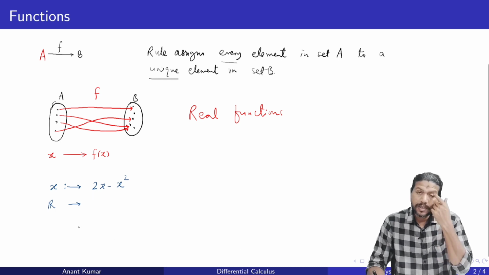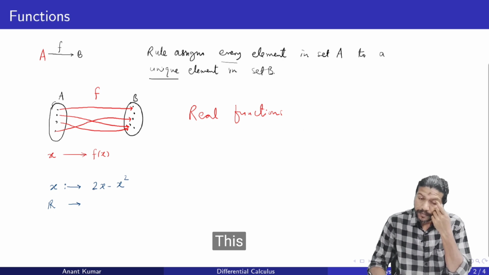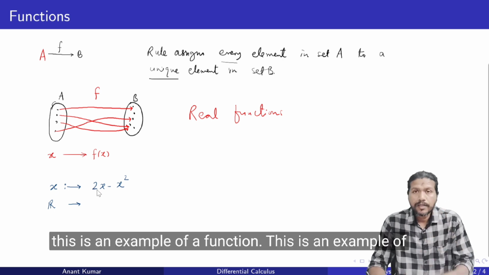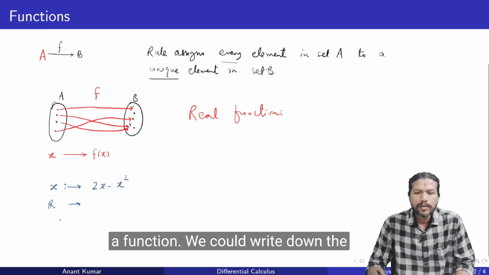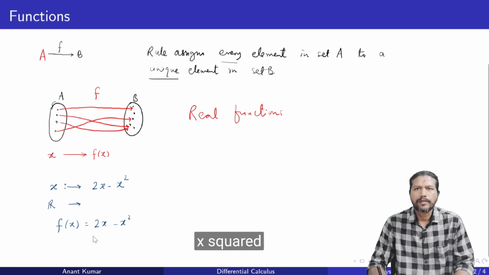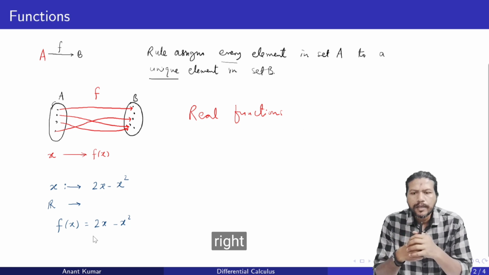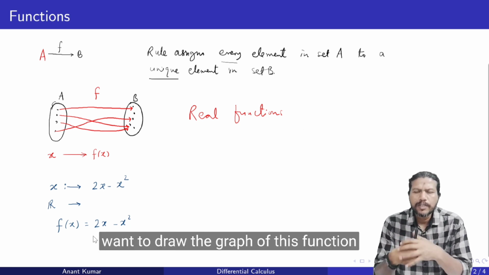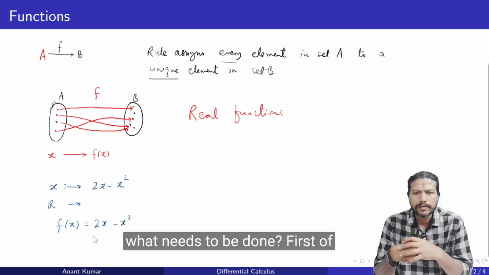So this is an example of a function. We could write down the functional form, in this case f(x), as 2x minus x square, right? Now, if I want to draw the graph of this function, what needs to be done?